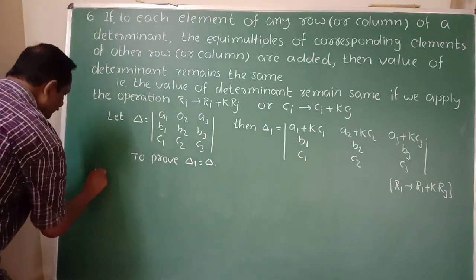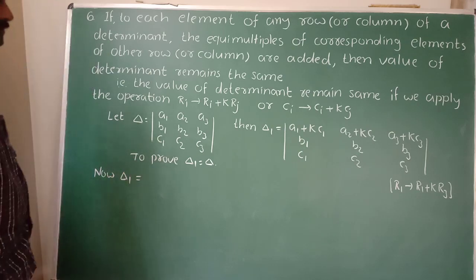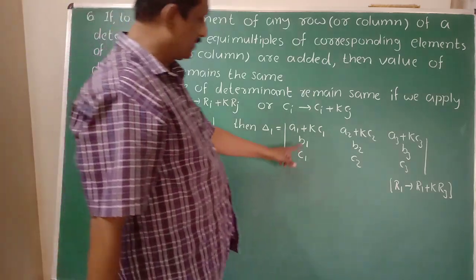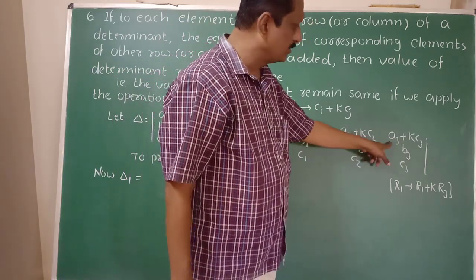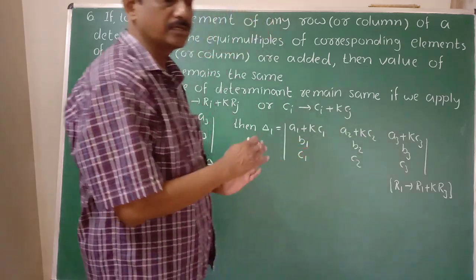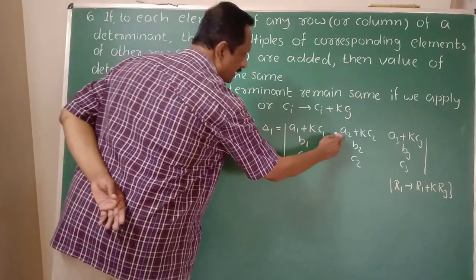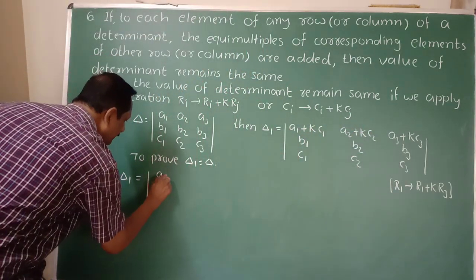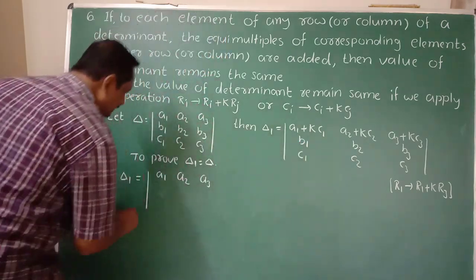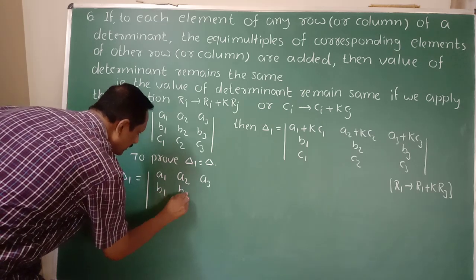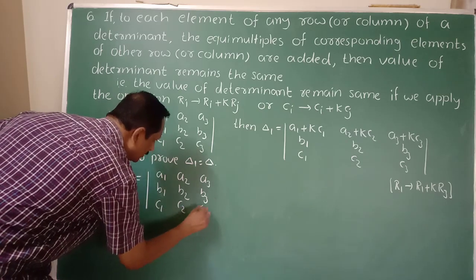So now delta 1 is equal to, using the fifth property, each element is a sum of two terms in the first row. You can express it as a sum of two determinants. Hence a determinant of A1, A2, A3, then the second and third rows kept as they are: B1, B2, B3, C1, C2, C3.